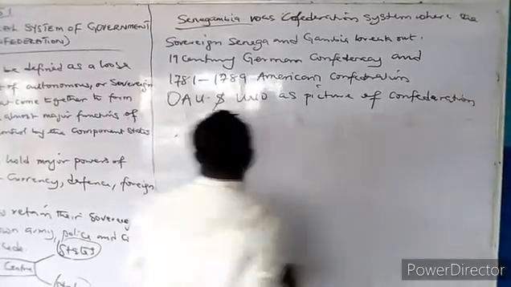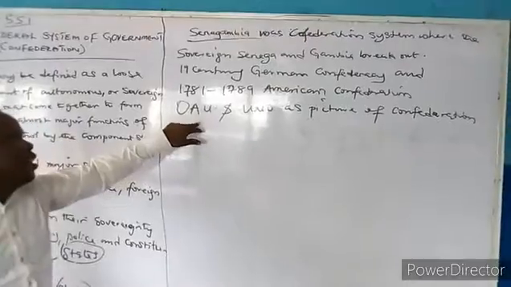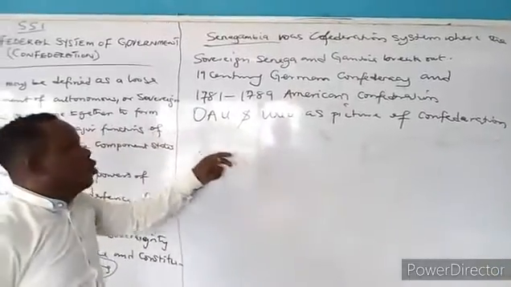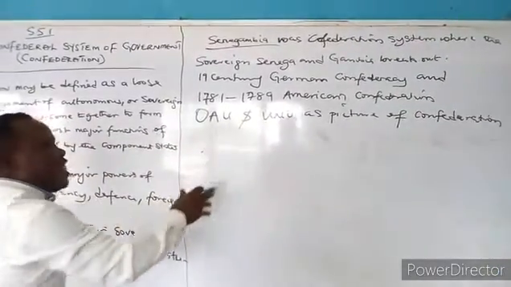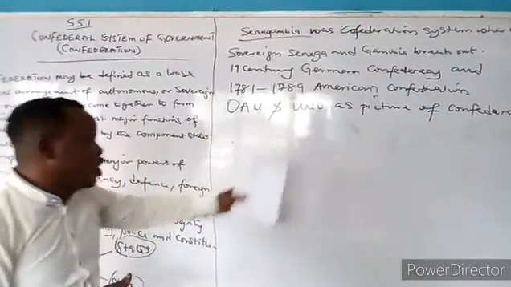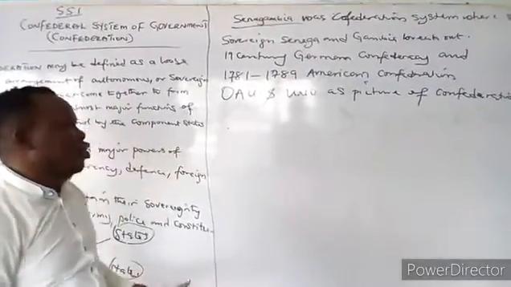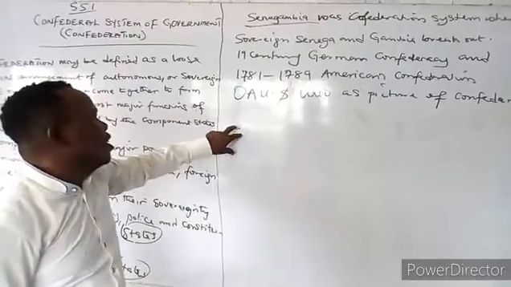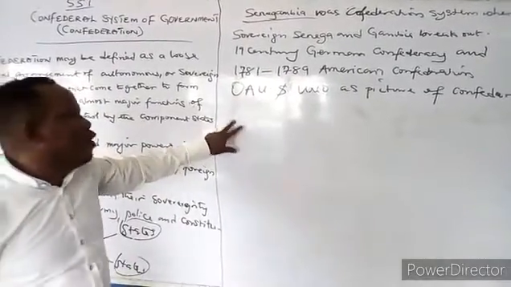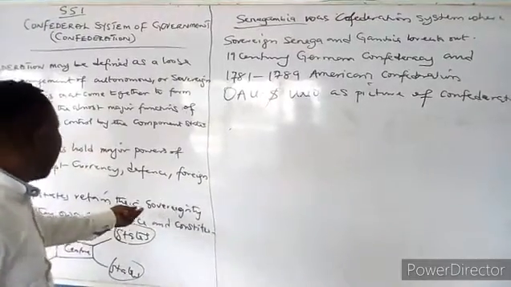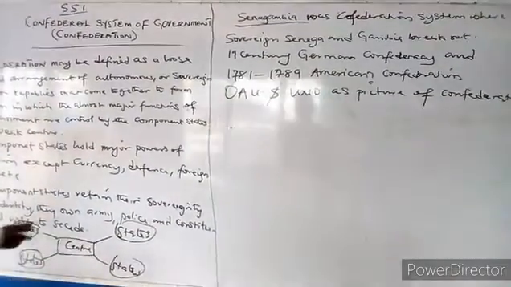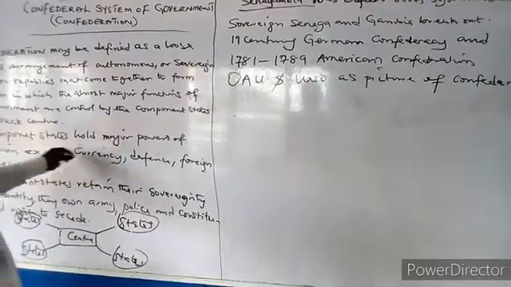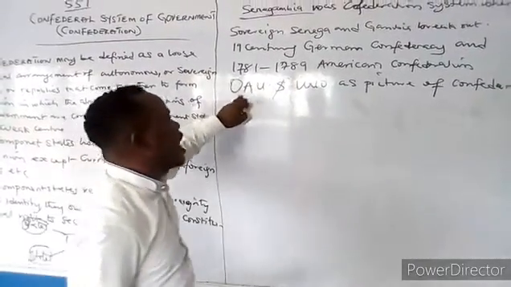When you look at the Organization of African Unity and the United Nations Organization, you discover that it's a picture of confederation, because the component states have the constitutional right to secede from the union, and at the same time their sovereignty and identity are retained, and they own their own army, their own police, and the power of major functions resides in the component states.